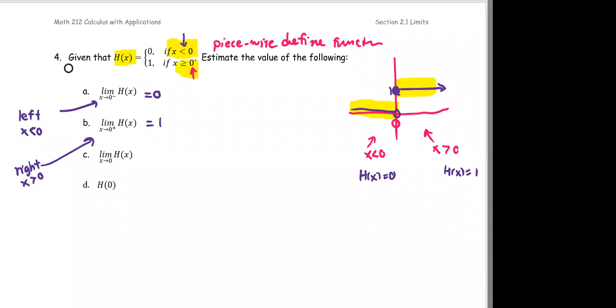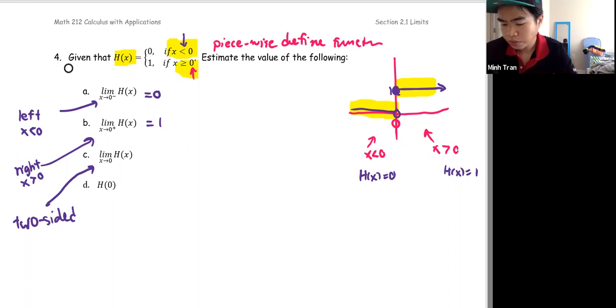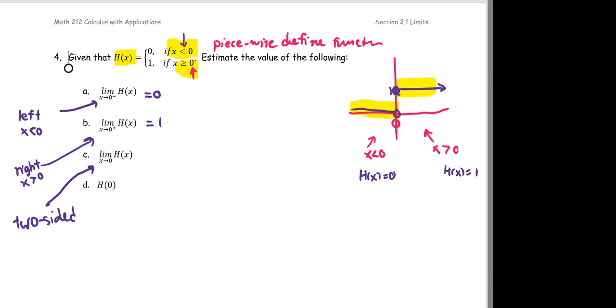Part C has no superscript. That means we are looking at the two-sided limit, with no plus or minus sign. It means you have to look for the common function value that both sides are coming toward, the same number.